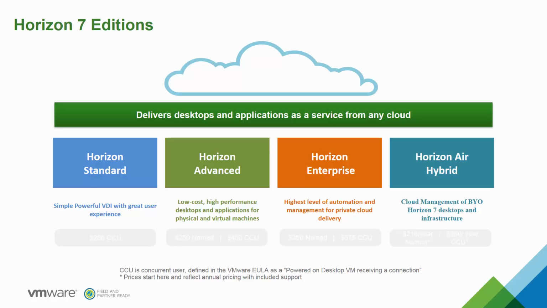The Advanced edition adds the ability to use hosted applications using RDSH servers, as well as a unified workspace using Identity Manager, Mirage for imaging, and Virtual SAN for your virtual storage. And the Enterprise edition adds User Environment Manager and App Volumes, which also provides that just-in-time desktop capability we discussed earlier, as well as vRealize Operations for Horizon to help you monitor your virtualized applications. And finally, we have, again, the new Horizon Air Hybrid offering, which we previously covered quite a bit.